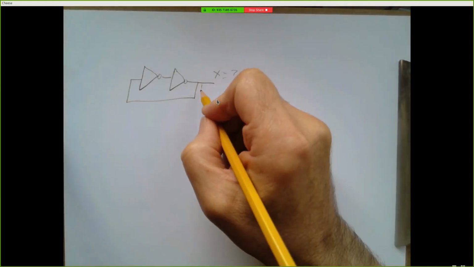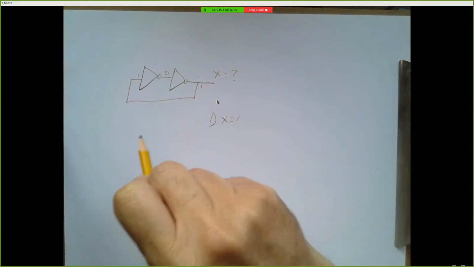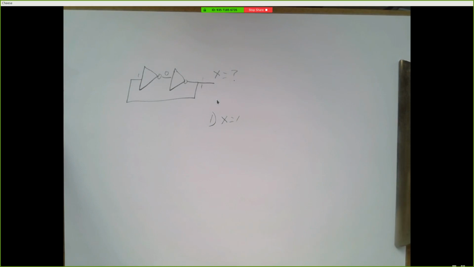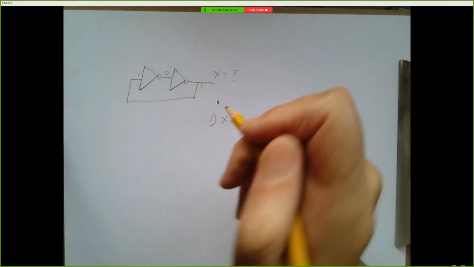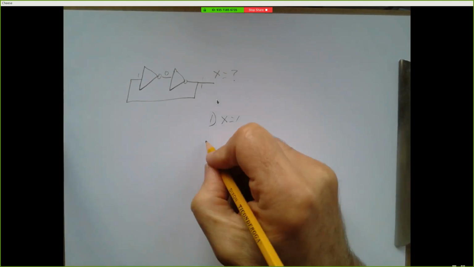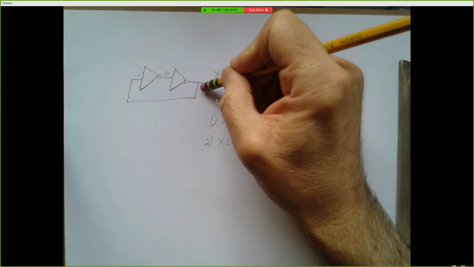And if this is a 1, that's going to go into the input of an inverter. The inverter will output a 0. And a 0 going into this inverter will output a 1. And so if x happens to be a 1, it's going to stay a 1. But the other possibility when we turn this on is that x could be a 0.